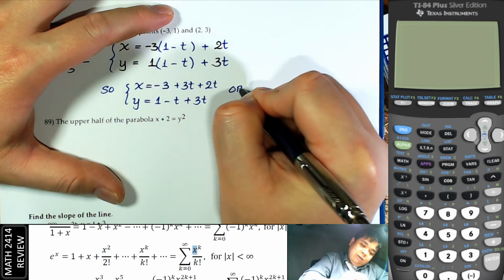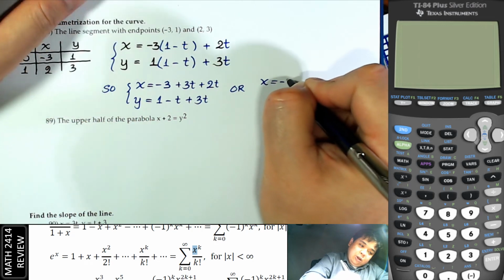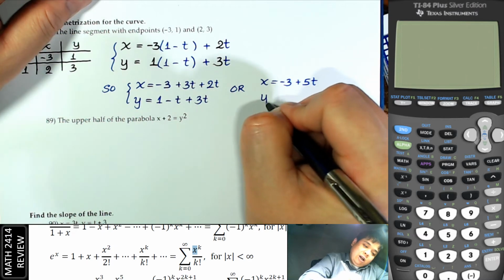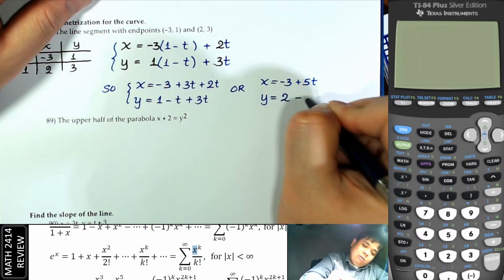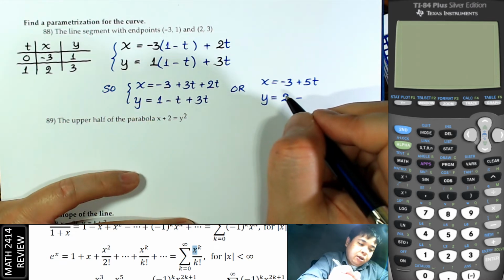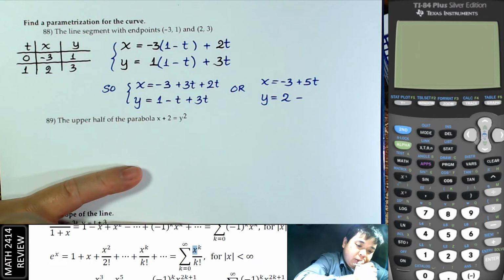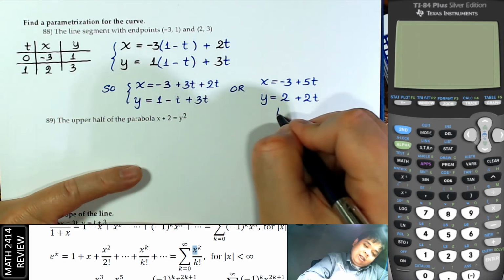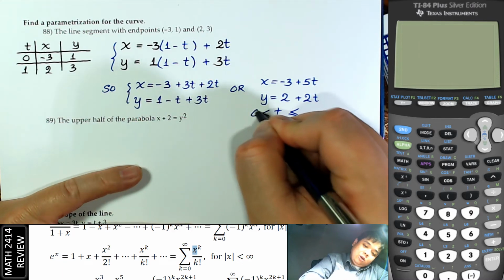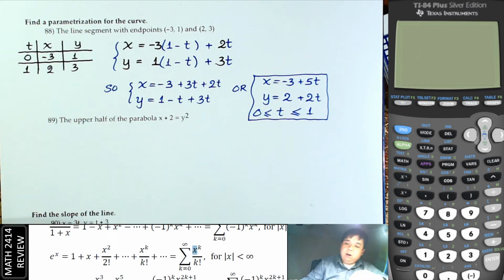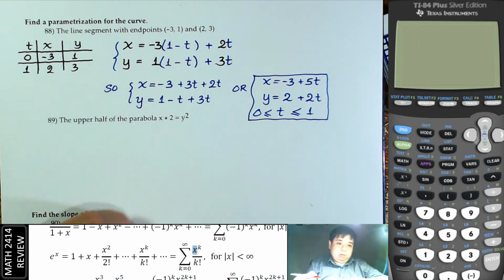Or we have x is equal to negative 3 plus 5t, and y is equal to 1 plus 2t, and t between 0 and 1. Right. So again, that's a parameterization.